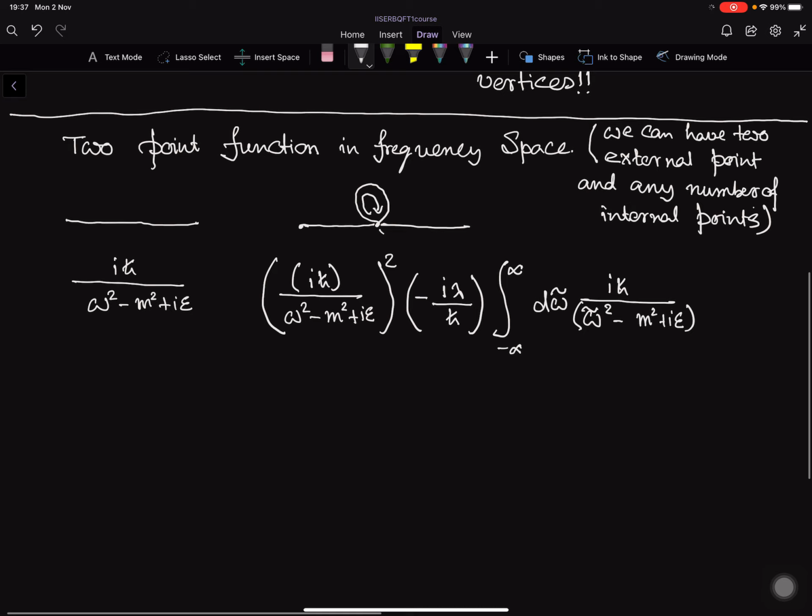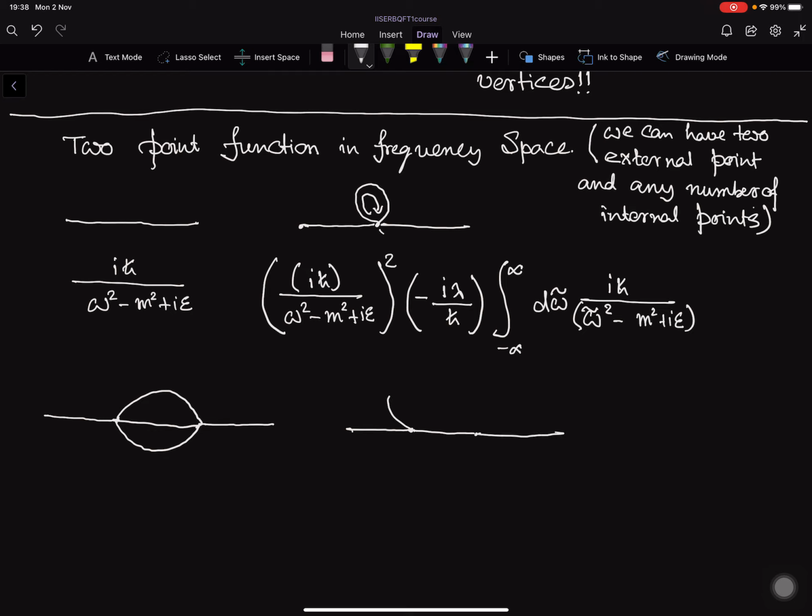So this is one, and then you can have two vertices, but there are two different ways to draw two vertices. One is this, and then second is of course this.